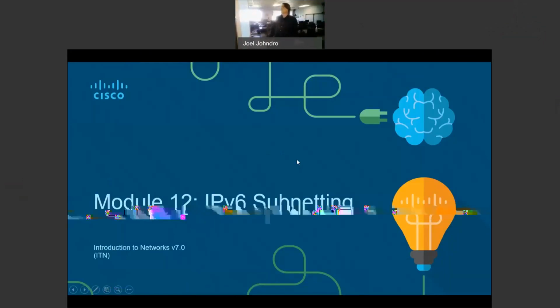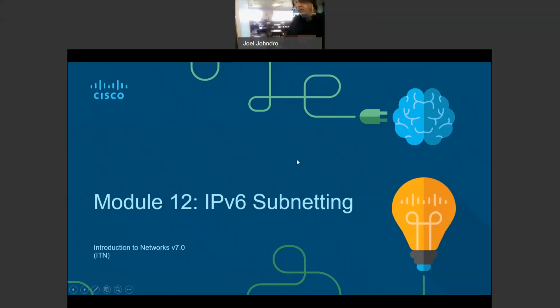It's a numbering system from 0 through the letter F, representing 15, 0 through 15. If you can get past the fact that it is a more complicated looking numbering system, IPv6 subnetting is actually easier than IPv4, and I'll show you how.